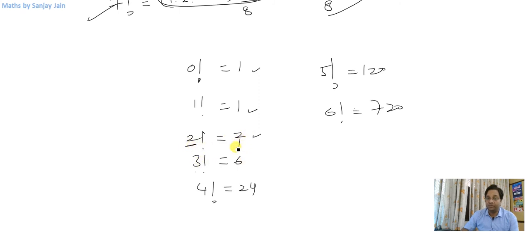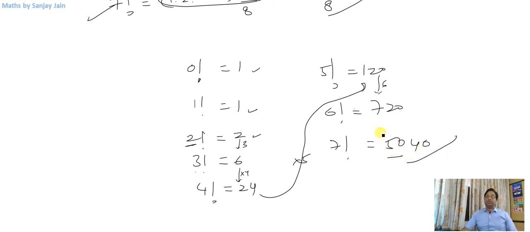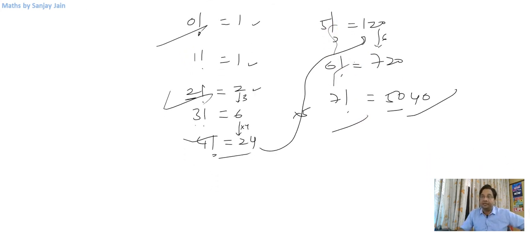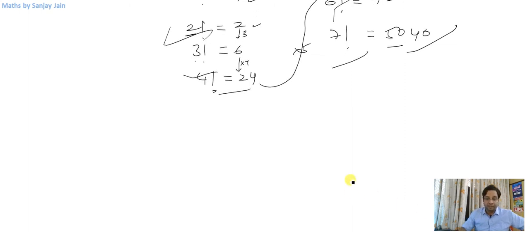So I am multiplying this with 3 and multiplying this with 4, multiply this with 5 to obtain this, multiply this with 6 to obtain this, and now multiply this with 7, so it will be 5040. So at least these values you should memorize, okay, so that you can use them as and when you want. Let us look at some of the questions, then we will understand it in detail.